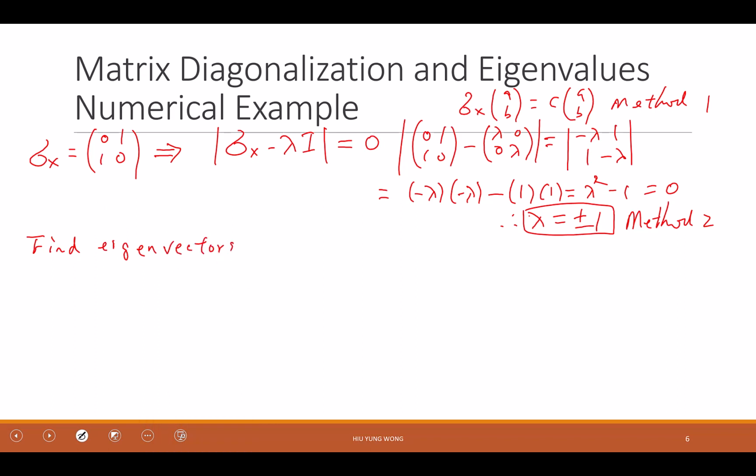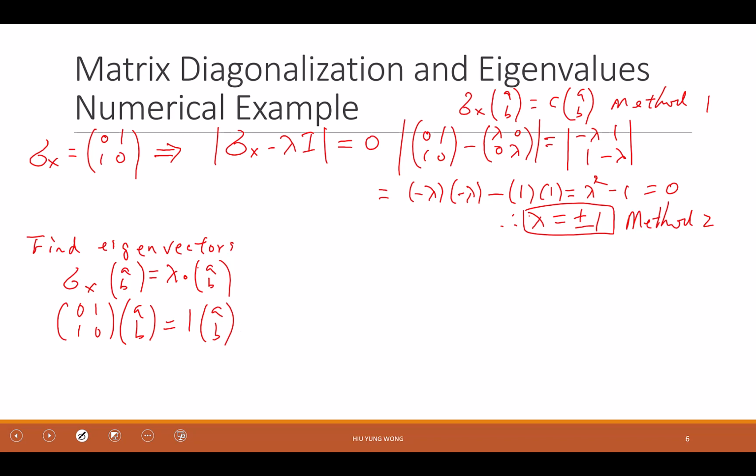So you start with this one, sigma x times (A, B) equals lambda 0, the first eigenvalue. It's up to you to choose which one. We can start with lambda 0 equal to 1. Then you have sigma x, 0, 1, 1, 0, times (A, B) equals 1 times (A, B).